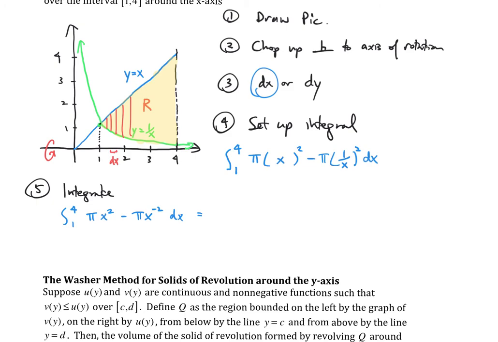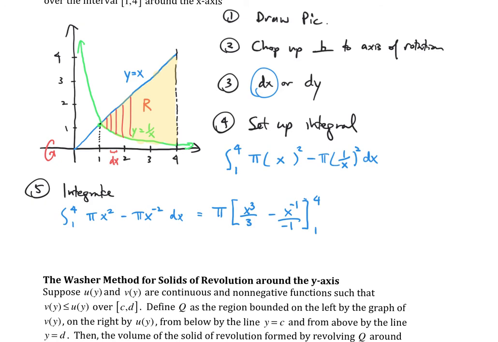So we're going to be able to pull out a pi. And I'm just going to integrate term by term. So I hope you don't mind if I don't rewrite that step of factoring out the pi. The antiderivative of x squared is x cubed over 3. The antiderivative of x to the negative 2 is x to the negative 1 divided by negative 1. And we're going to evaluate this from 1 to 4.